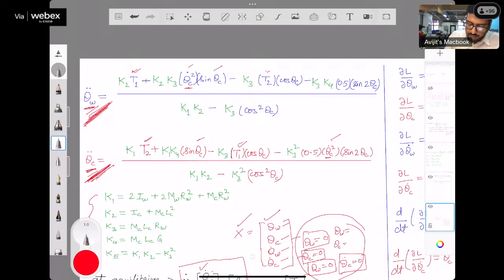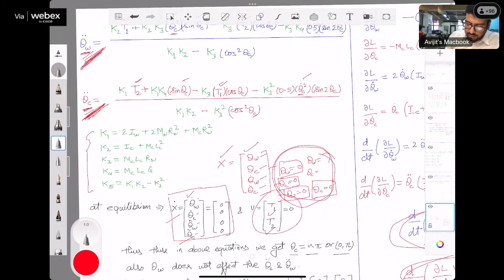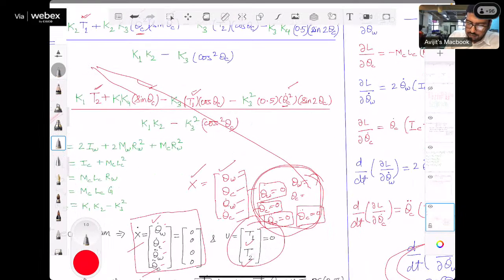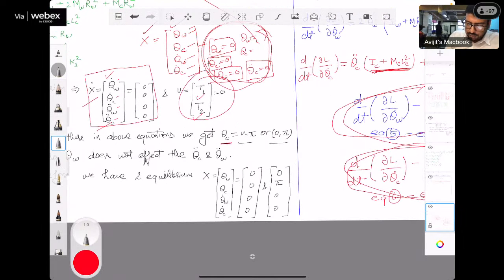So what will happen if we feed all these values into these two equations? We will get sine 2 theta c equal to 0. That means eventually we have theta c equal to n pi, and in our condition n pi will take two values, 0 and pi.